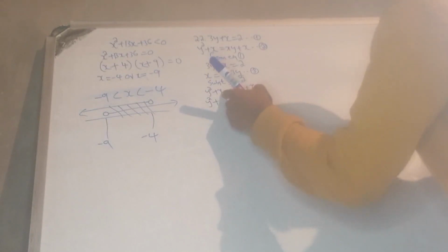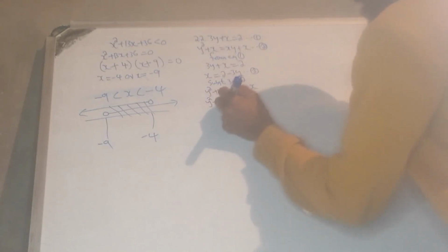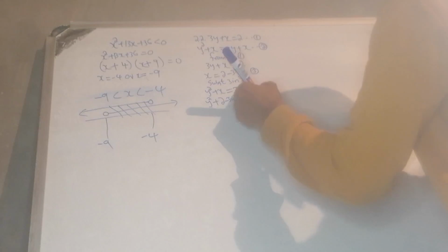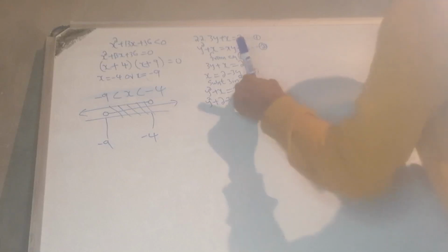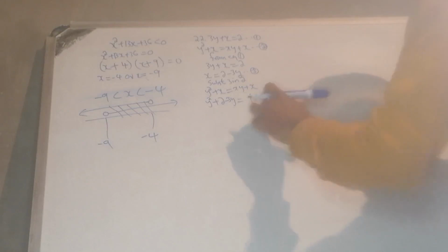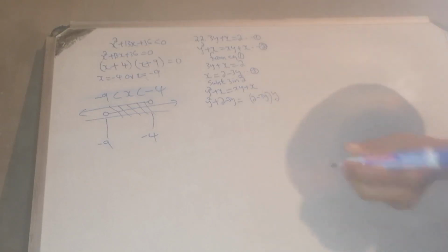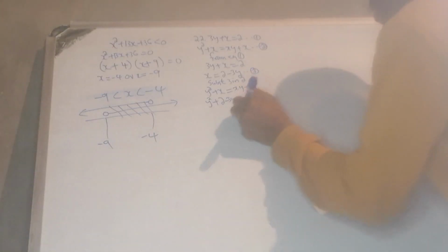Where I see x, I'm writing 2 minus 3y. Where I see x, I am writing y into 2 minus 3y. Because there's multiplication, I can swap as I wish. I love multiplying like this.